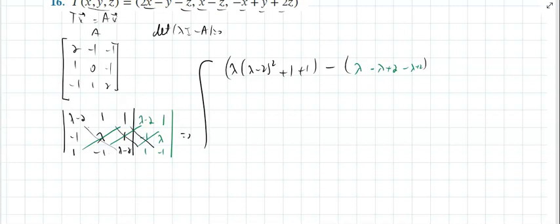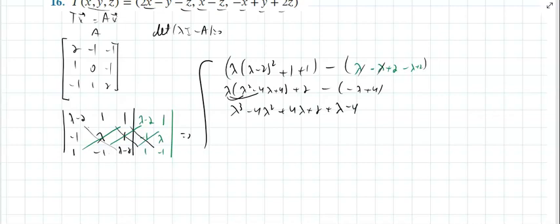So I'm looking at lambda times lambda squared minus 4 lambda plus 4, plus 2, minus negative lambda plus 4, that's lambda cubed minus 4 lambda squared plus 4 lambda plus 2 plus lambda minus 4, and of course that equals 0.